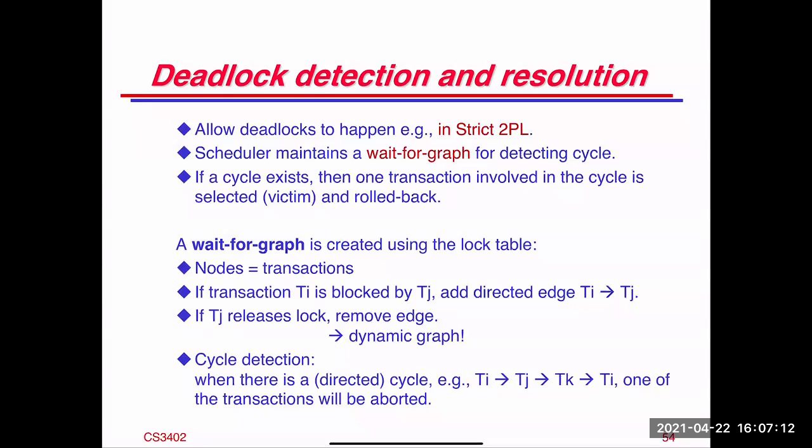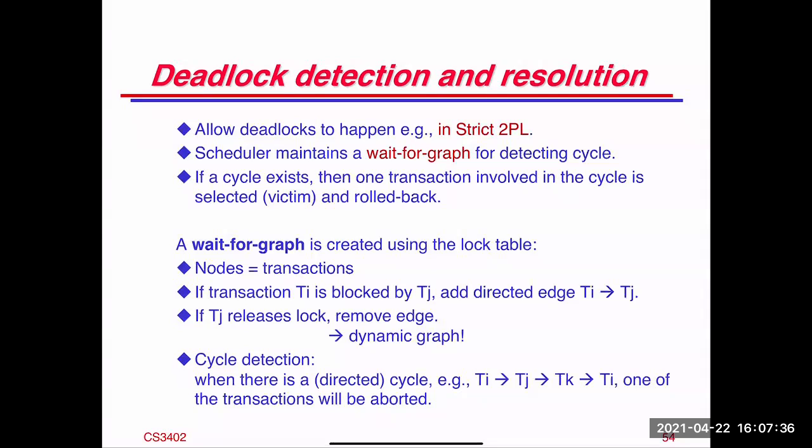So I already mentioned the wait for graph. Let me formally define it. Again, it depends on which items we're locking and when. And similarly to the serialization graph, we have nodes in the graph where one node corresponds to a transaction.